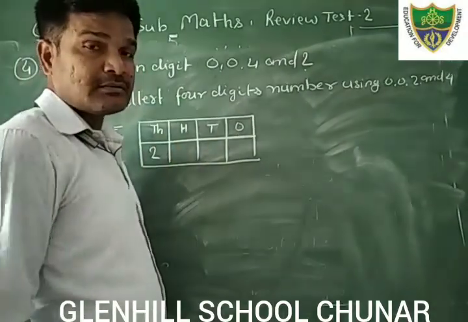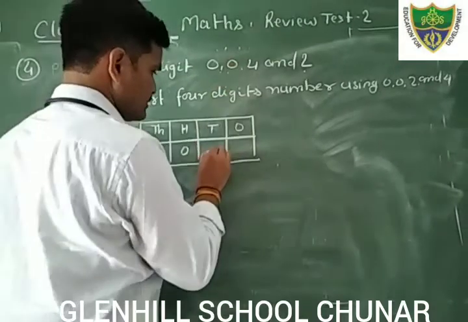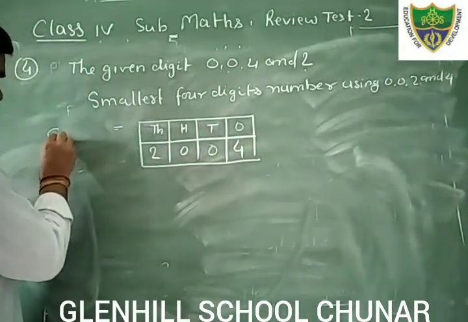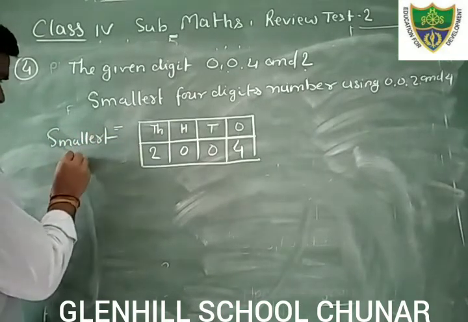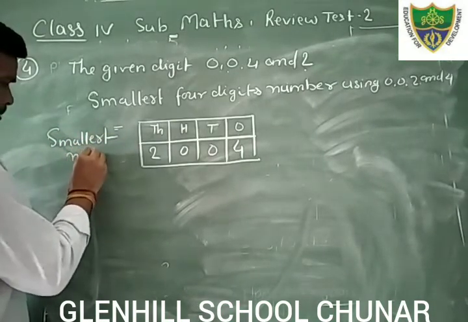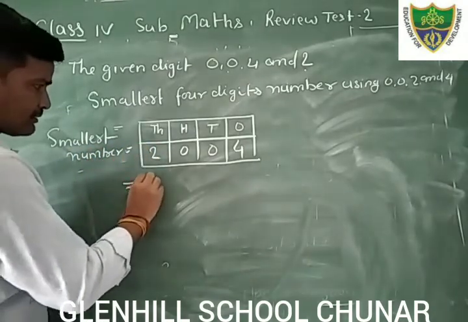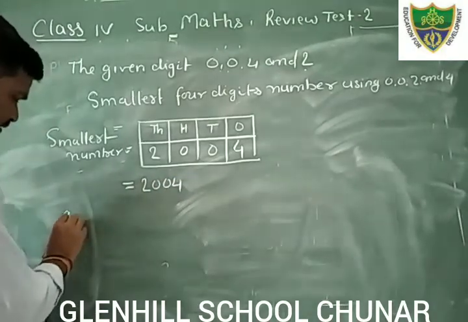Then we write the rest of the numbers as the smallest, 0, next is 0 and 4. So smallest 4-digit number, that is 2004.